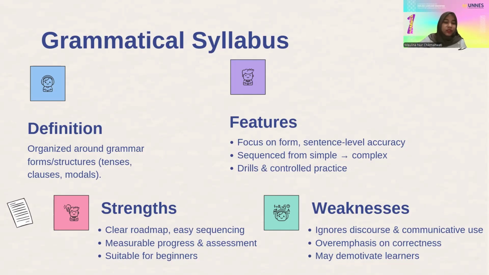The grammatical syllabus approach is also suitable for beginner level English language learners, because for learners who have little or no knowledge of the target language, a grammar-based approach provides needed scaffolding. It ensures essential forms will be learned early.